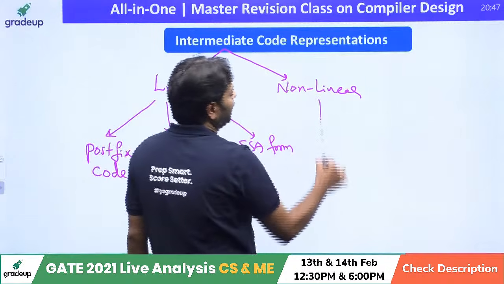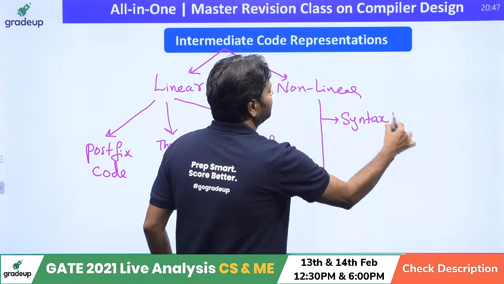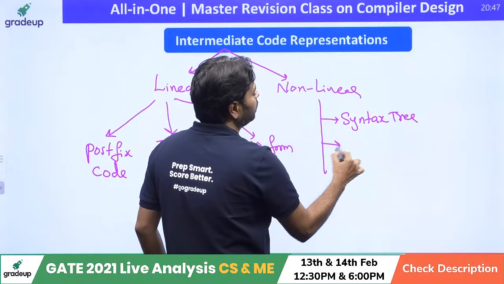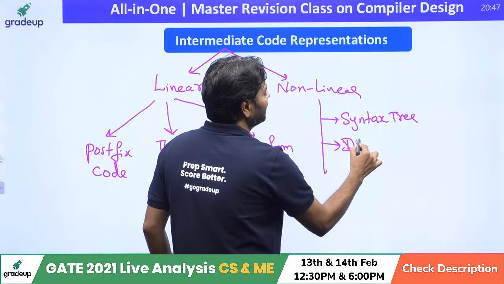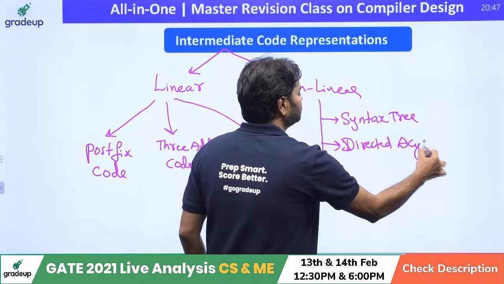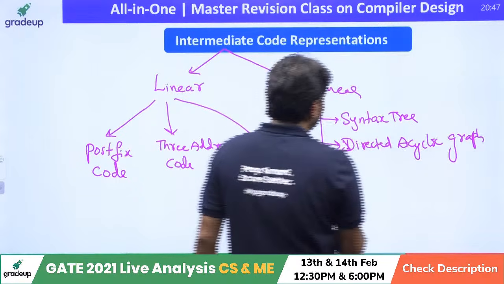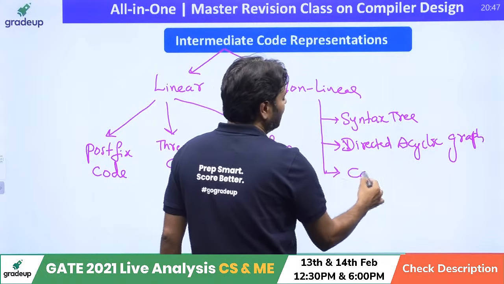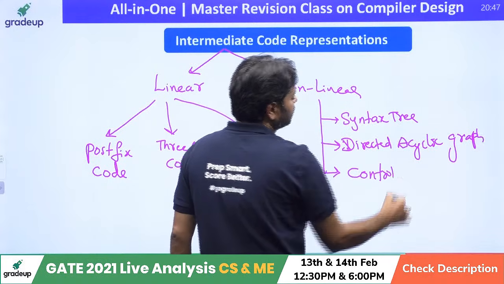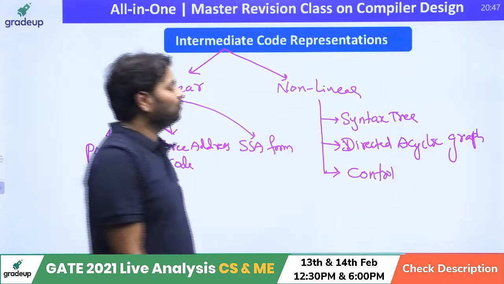And in non-linear, you have the syntax tree, a special tree to represent intermediate code, and the directed acyclic graph, one of the special syntax trees. And the third one is the control flow graph, which is a combination of 3 address code and a graph.